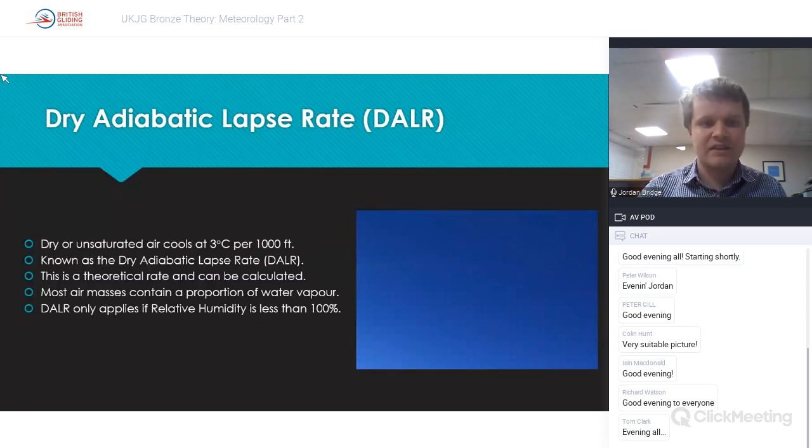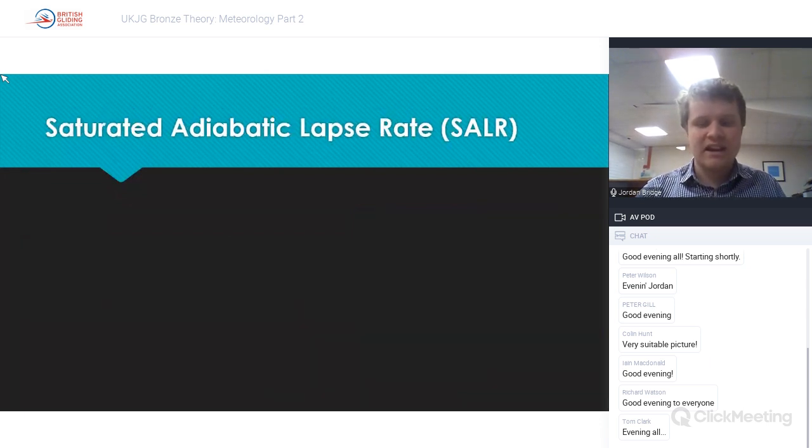As I was saying, this does not apply if we have got to 100% relative humidity, because when we get to that stage, we get to the saturated adiabatic lapse rate. That's when the parcel of air reaches the dew point and becomes saturated. Water vapor condenses, and condensing air will release energy in some form.